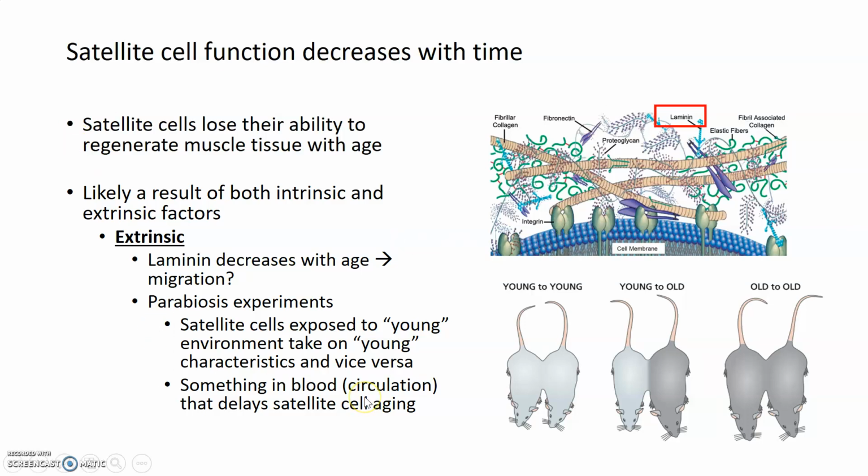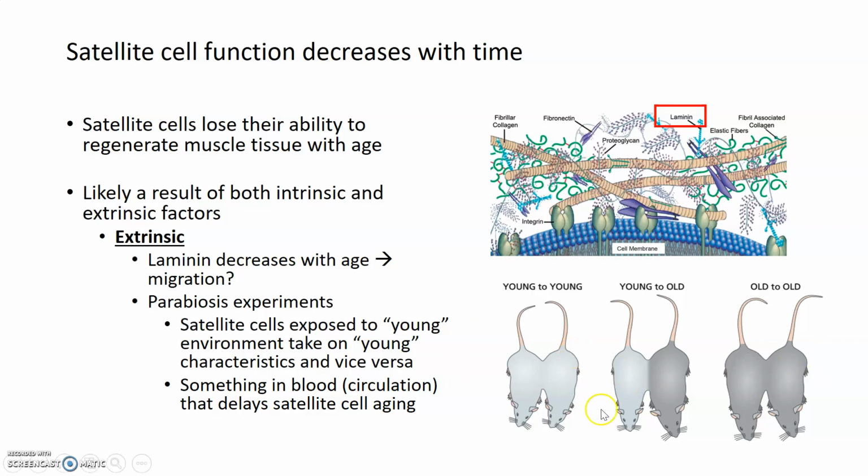Additionally, there have been some experiments called parabiosis experiments, where two mice of different ages or the same age are joined at the knee, the elbow, and then the side wall. In this process, their circulation is joined as well, right?